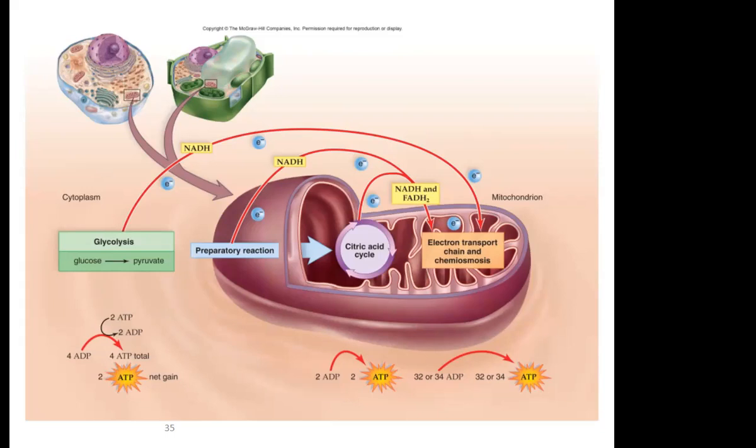So what does that mean from an evolutionary standpoint, since we're talking about prokaryotic and eukaryotic cells, and prokaryotes not having internal membranes or internal organelles like the mitochondrion?